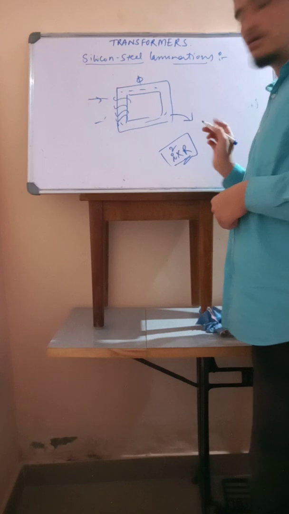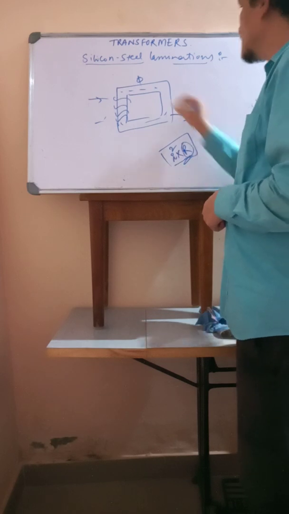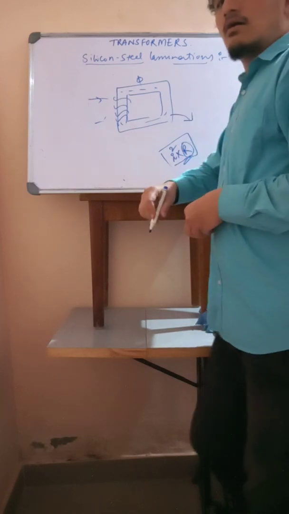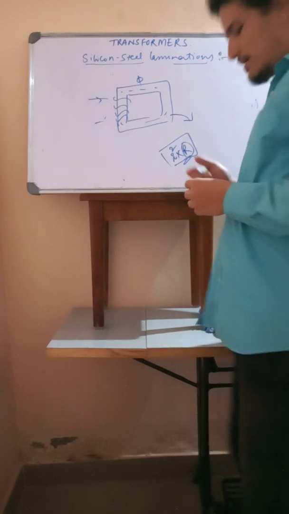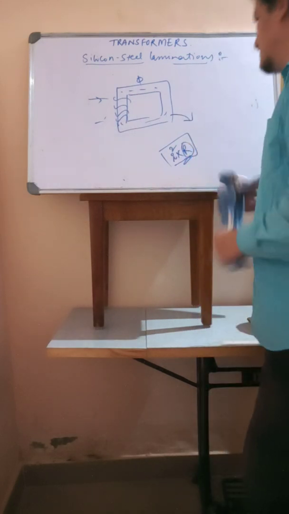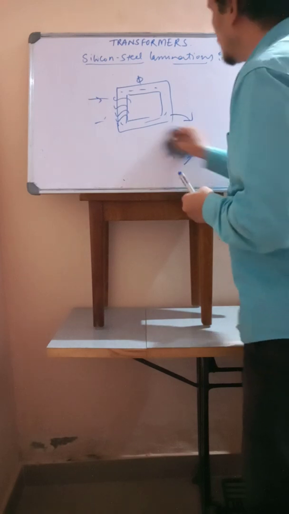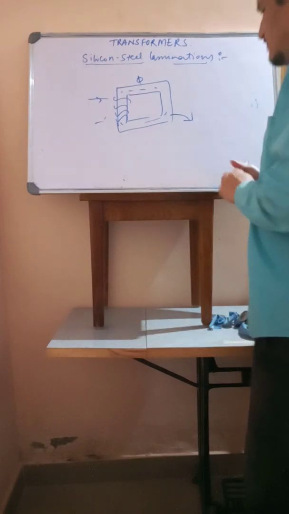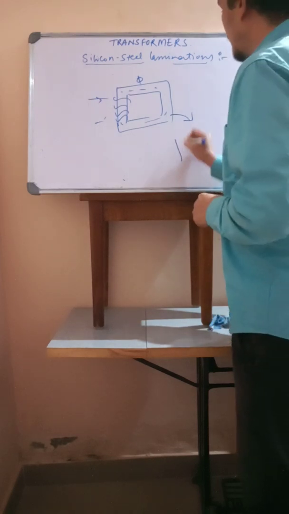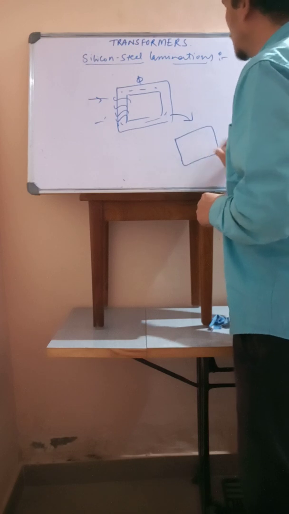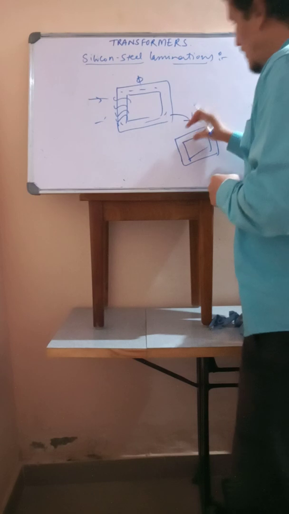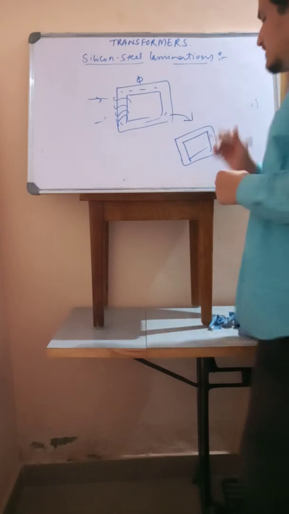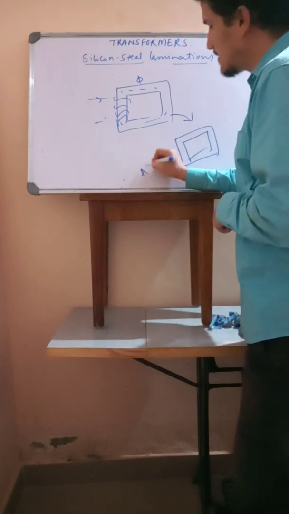I square into R. If capital R is the resistance offered by this core, then I square R is the eddy current loss. So now you can understand, if the area is too high, if a block of iron material is used, then what will happen? The area is higher.